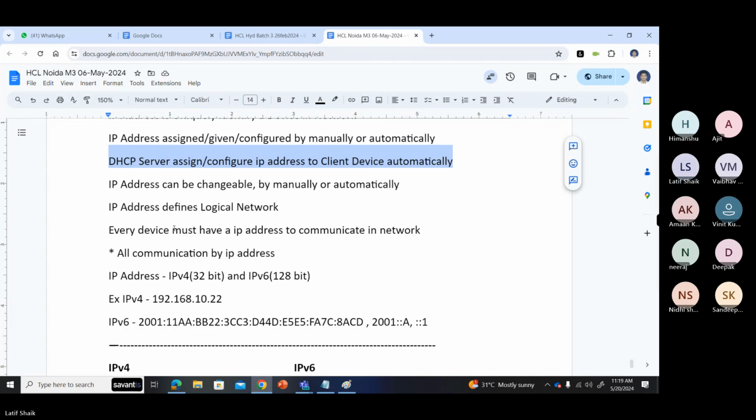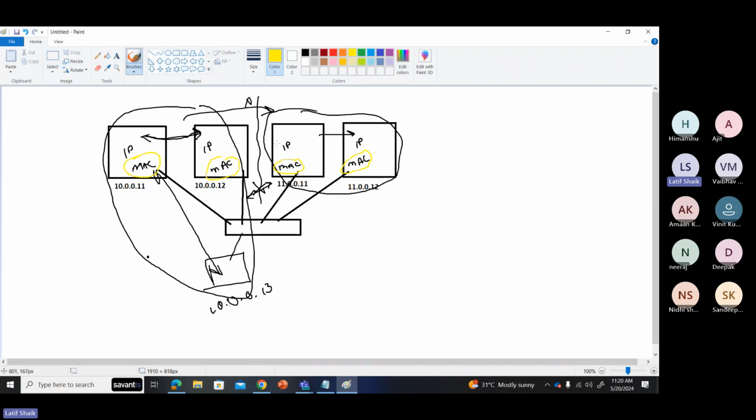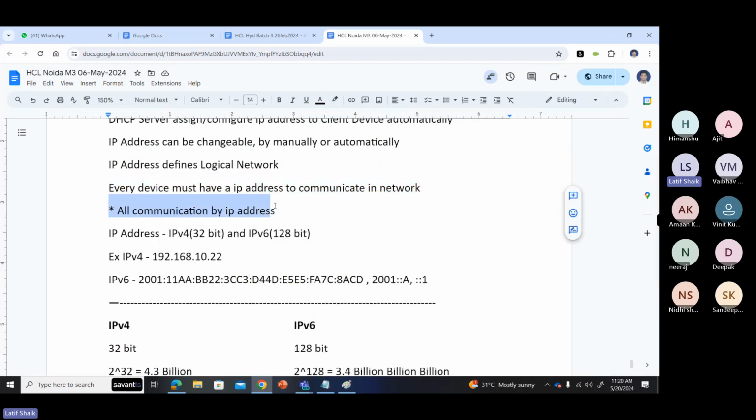An IP address defines a logical network, and every device must have an IP address to communicate in the network. Either in a local network or outside of your network, all communication is by IP address only.